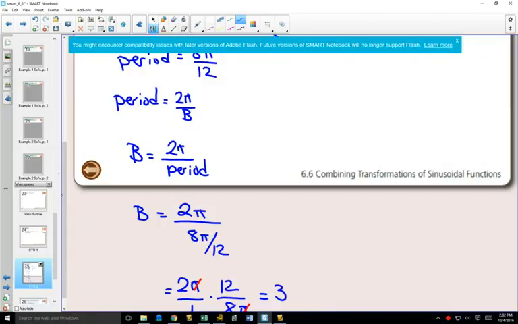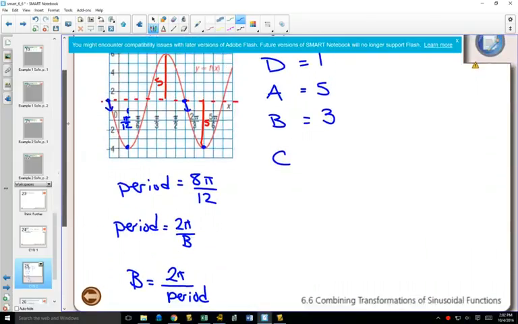I got the 8 pi over 12 because I figured out that one of these sections from here to here was pi over 12. Okay? And then I took this point here and I started counting 1, 2, 3, 4, 5, 6, 7, 8. 8 of those sections to get from my minimum to my other minimum. And since each of those sections was pi over 12, that makes 8 pi over 12.